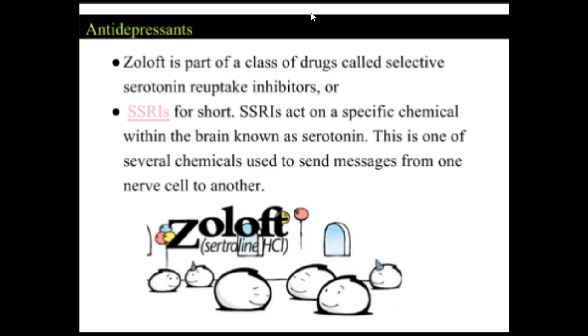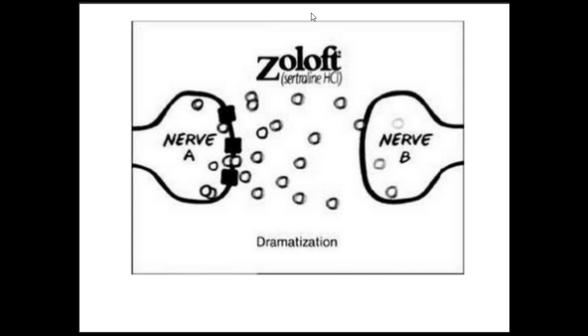And when it messes with the reuptake inhibitors, it inhibits the reuptake of the serotonin, so leaving more serotonin out there, hopefully making us feel better, because serotonin is also one of those feel-good neurotransmitters.